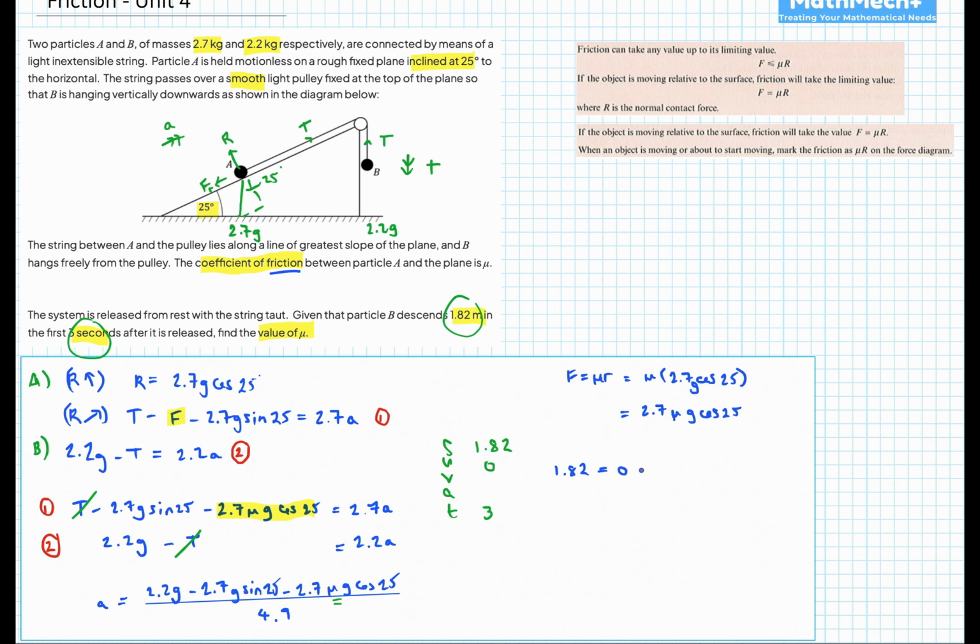And again, it's just about picking one of the equations of constant acceleration. ut plus half at squared is very commonly used. Half of 9 is 4.5. So divide 1.82 by 4.5, you'll get 91 over 225. That's our acceleration value.